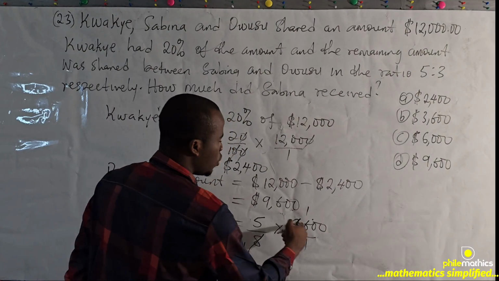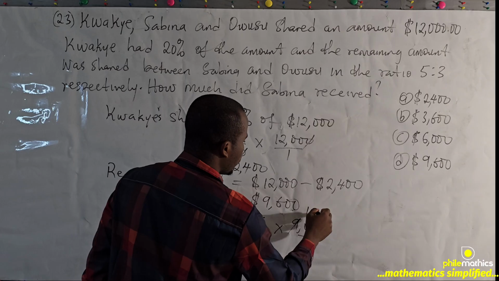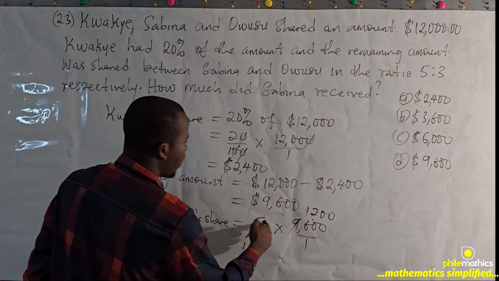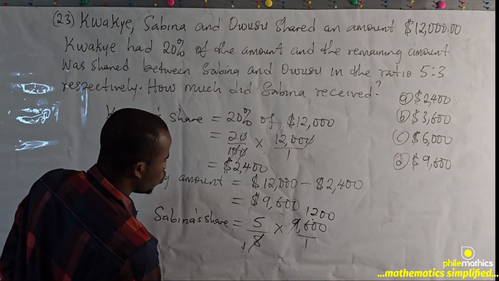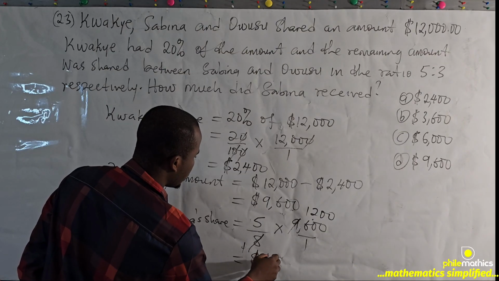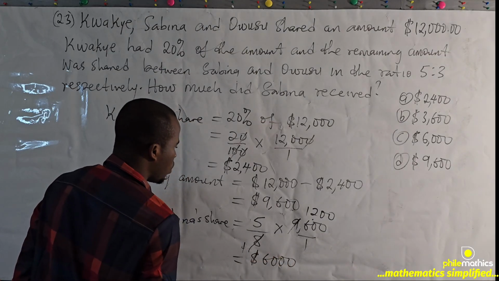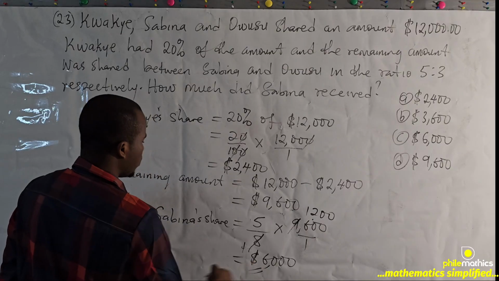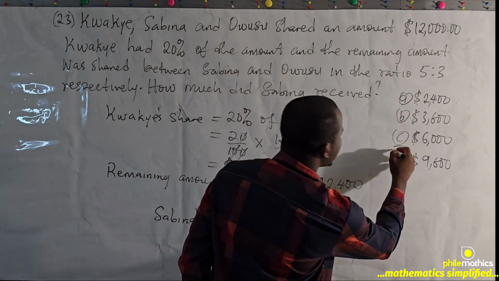Remainder 1, 8 into 16 is 2. 0, 0. So 5 times 1,200 is $6,000. So this was Sabina's share, which is C.